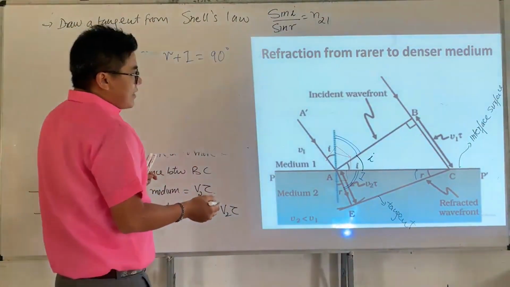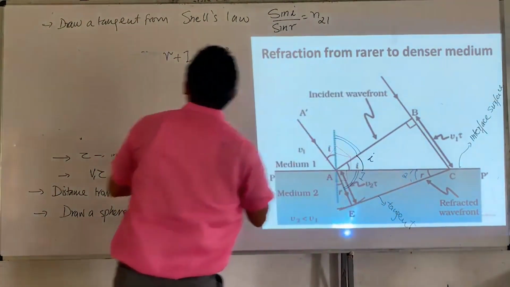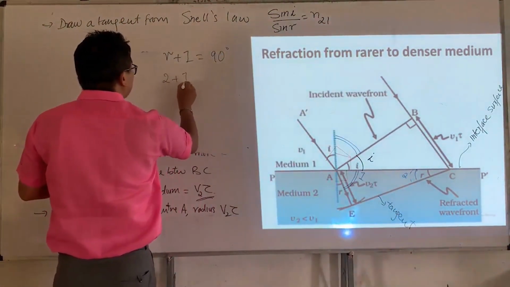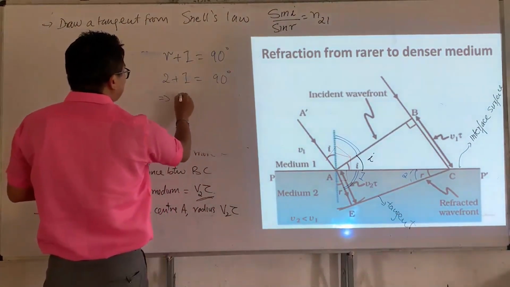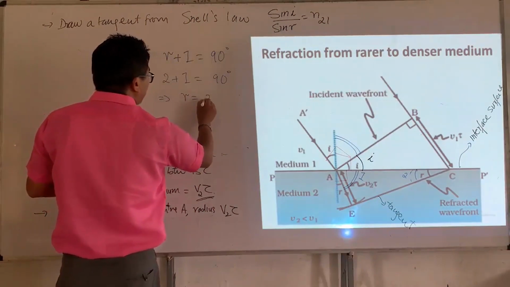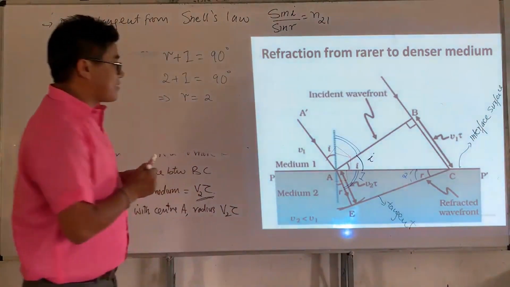And let's say this angle is angle 2, and angle 2 plus angle 1 is 90 degree, which implies that angle R is equal to angle 2. So angle R is angle 2, right?